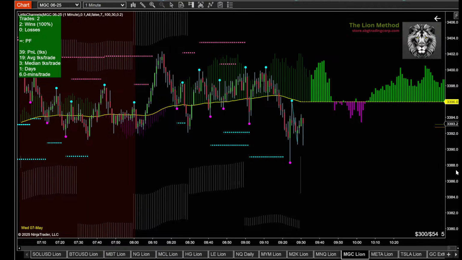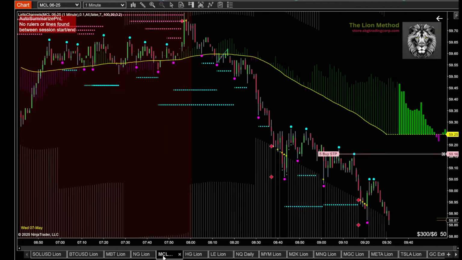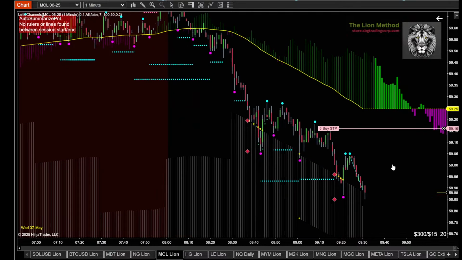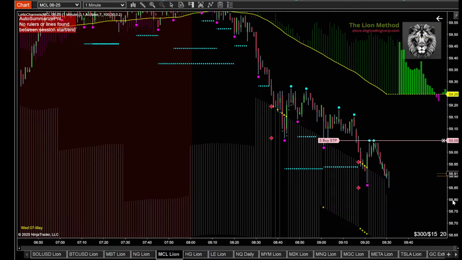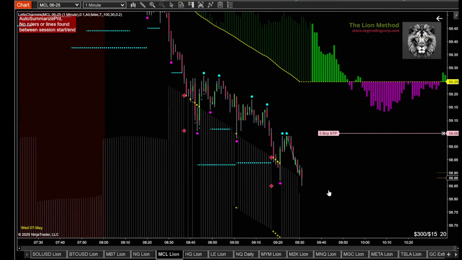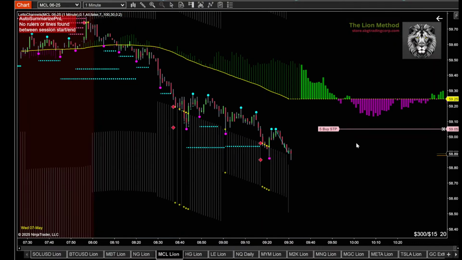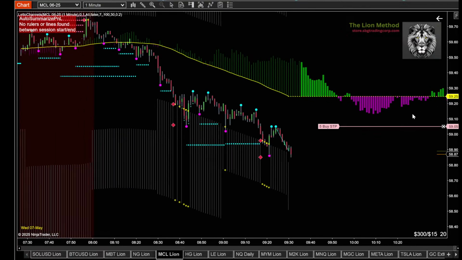All right, let's go back to our crude trade. So, okay, well, look at that. Now, I mentioned we would have maybe a better entry price. So I'm going to enter, yeah, so we're going to enter at those blue dots now. And the tendency histogram is softening a little, so I'm not too excited about that.